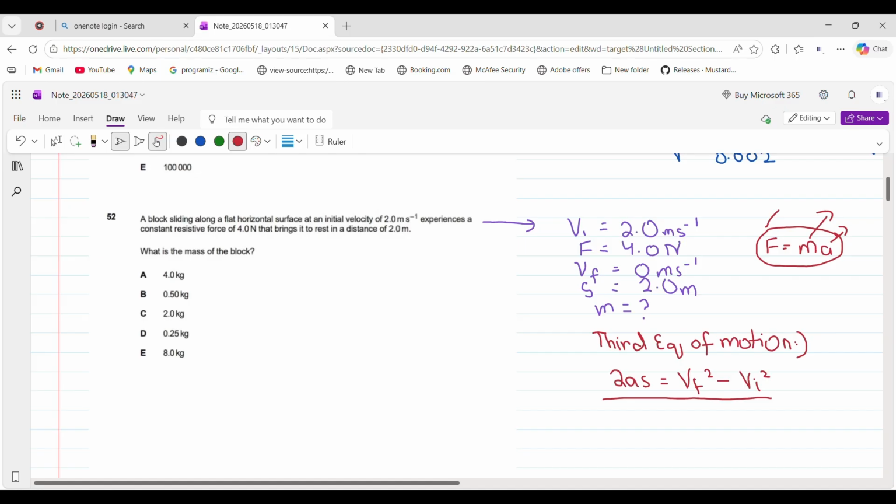Now if you see, every value is given except this a, which means from this equation you can get your a value, the acceleration.